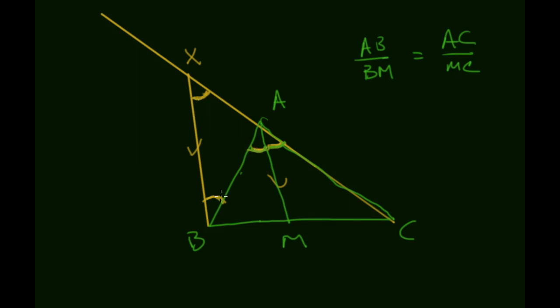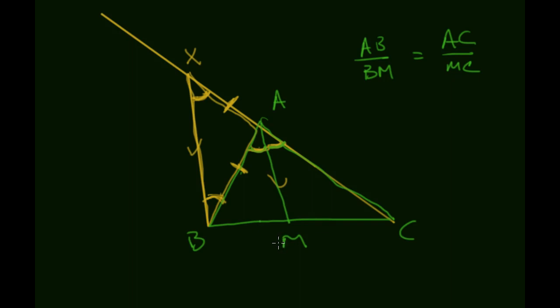So I actually now have 1, 2, 3, 4 congruent angles. The key here is going to be this guy and this guy, because that makes this triangle right here an isosceles triangle. If those two angles are congruent, those two sides have to be congruent.